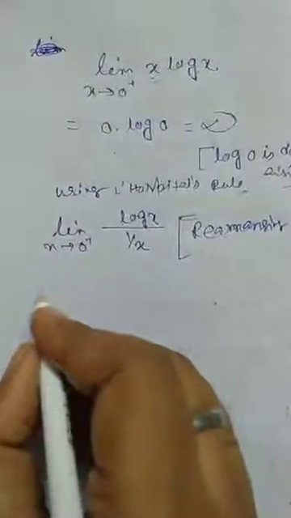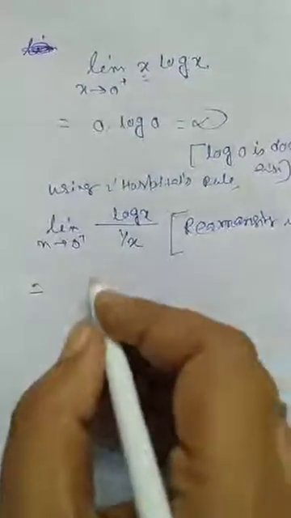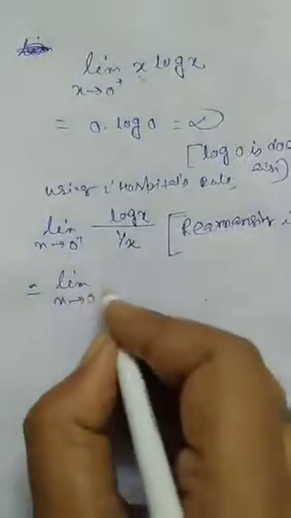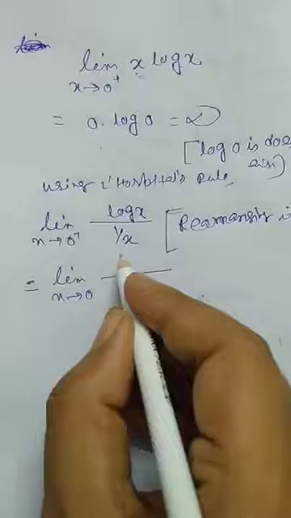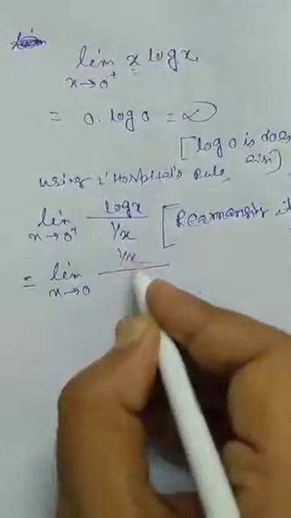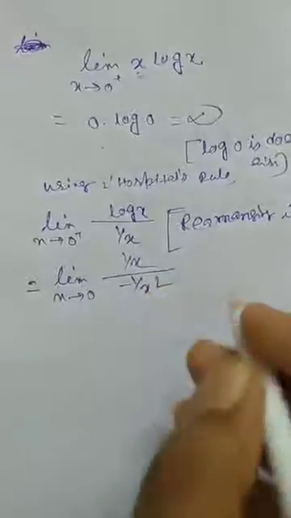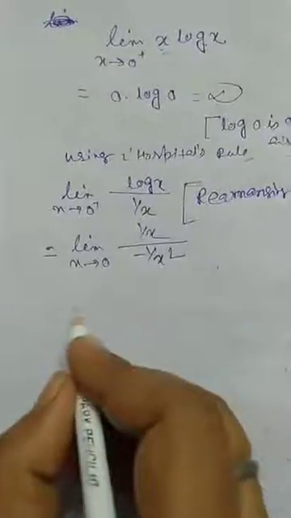So now we apply L'Hospital, that means derivative of numerator and denominator. The derivative of the denominator is minus 1 by x square, and the derivative of the numerator is 1 by x.